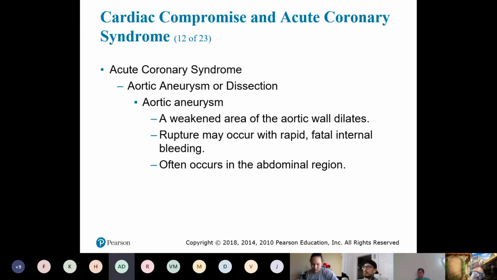Like a balloon, when it pops, bursts. So what's the danger of it? Internal bleeding. Fatal internal bleeding, could be exsanguination. You can bleed out because they have to do emergency surgery to get in there and try to close off that wound.